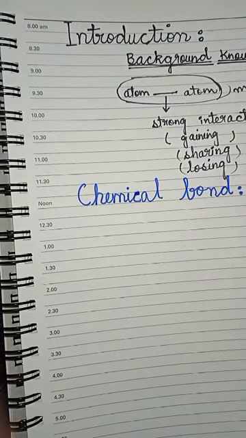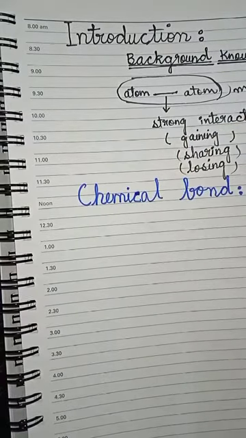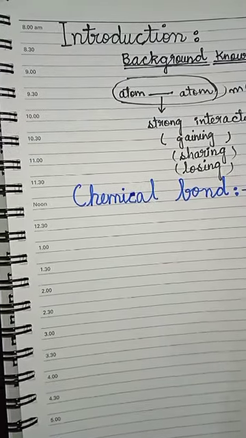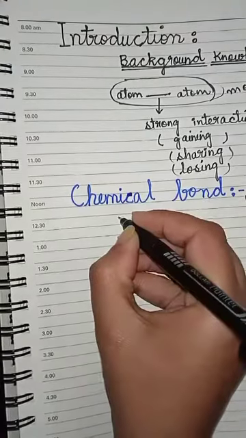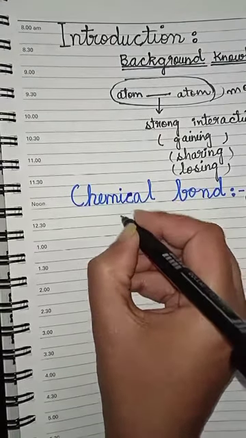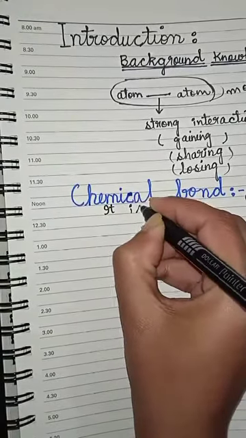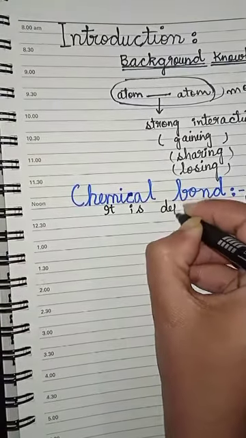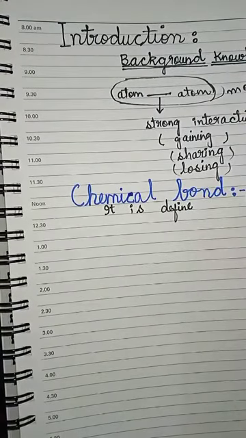As you have seen here, when two or more atoms interact, losing, gaining or sharing of electrons is involved. So can I define the chemical bond as, whenever you write the definition of anything, you must write it is defined as, or it can be stated as, or anything like this, right?